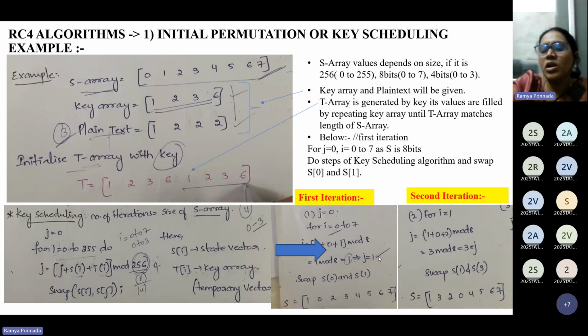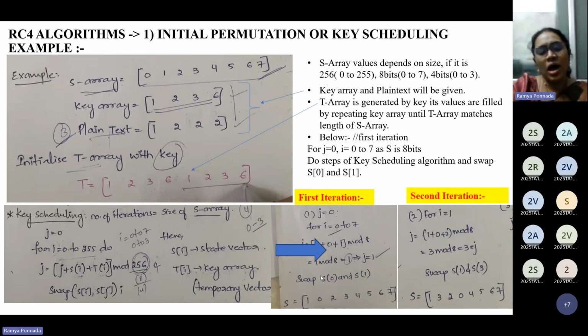So j is equal to 1 now. After finding the j value, you need to swap S0 and S1. Why S1? Because the j value is 1. We are asked to swap S of i and S of j.